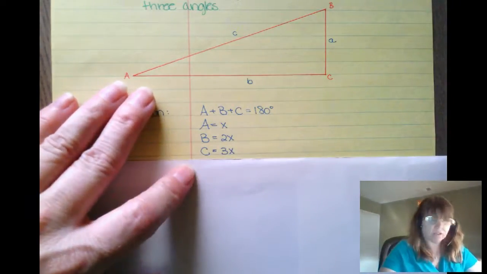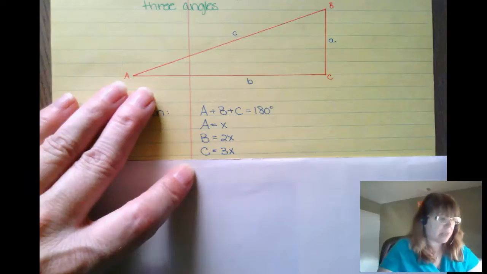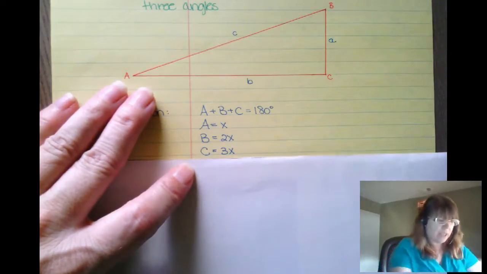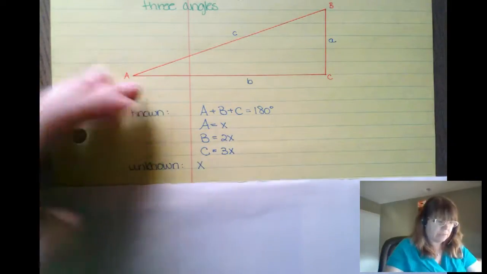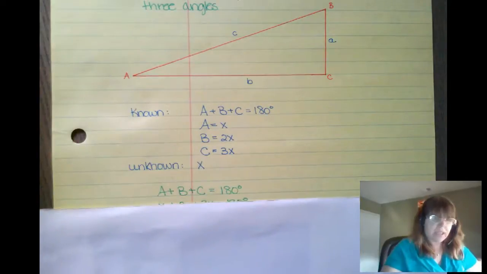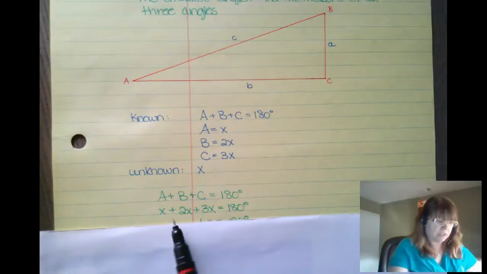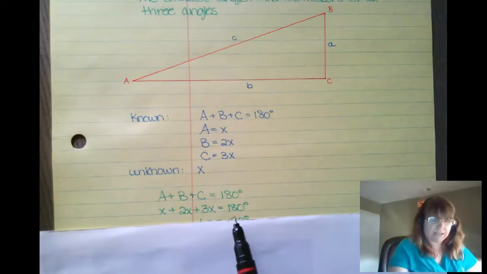And the third angle, angle C, is 3 times as large as the smallest angle. So now we have x, 2x, and 3x. Well, now I can just add them together. A plus B plus C is the same thing as x plus 2x plus 3x equals 180.